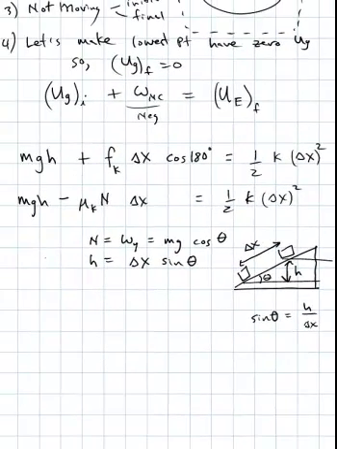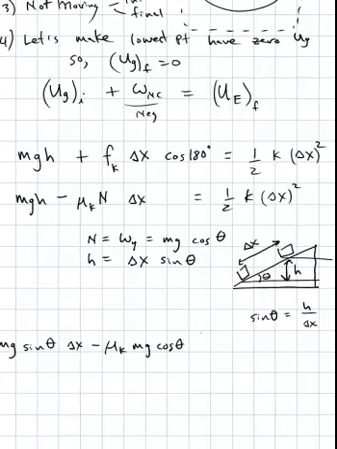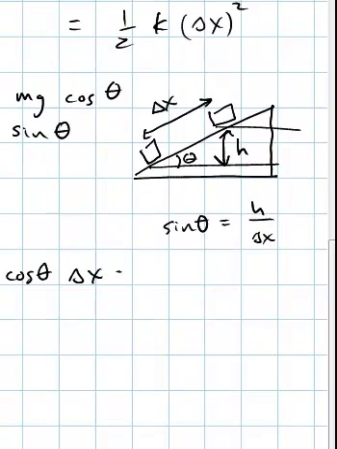So we plug in here, what do I end up with? mg sine theta delta x minus mu sub k mg cosine theta delta x equals 1/2 k delta x squared.